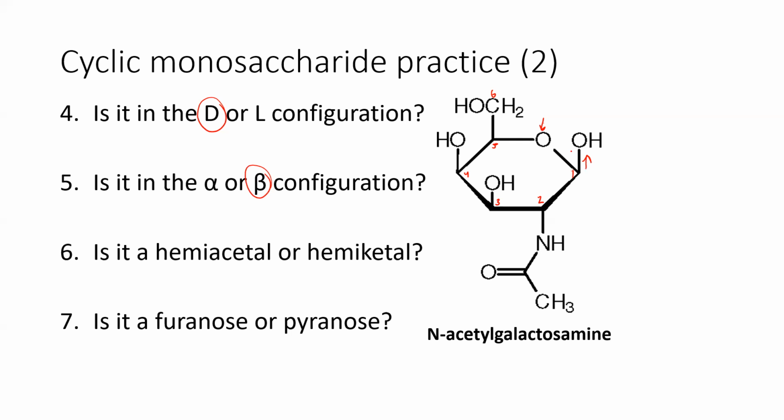Another way you can remember, and it doesn't matter if your sugar is D or L: if the hydroxyl group on your anomeric carbon and your last carbon, which is often carbon 6 but not always, are pointing in the same direction, which in this case is up, it's beta. If they're pointing in opposite directions, then it would be alpha. So does anyone have any questions about that?